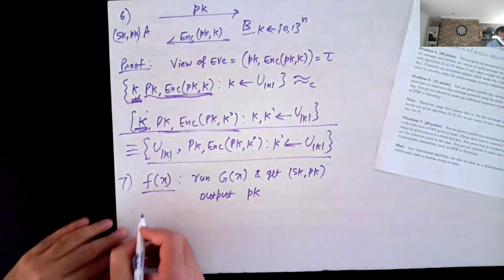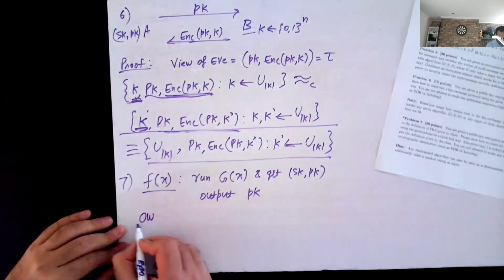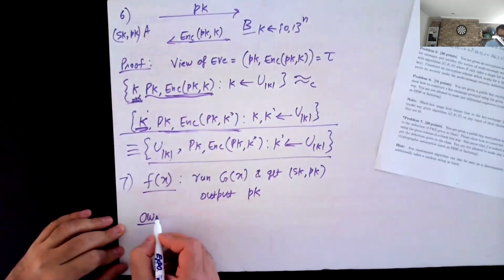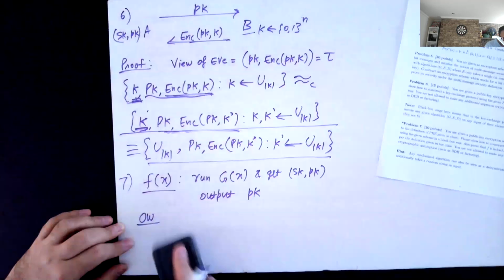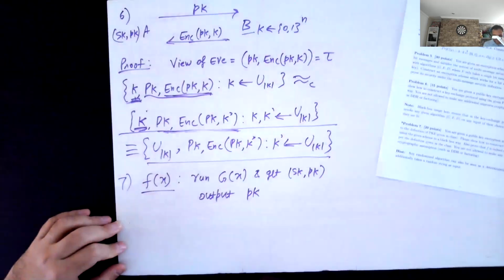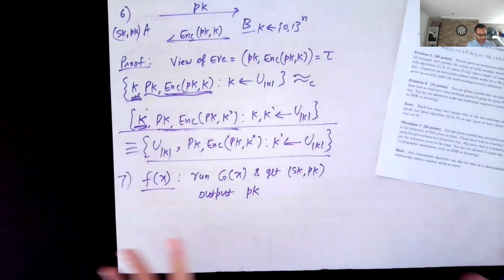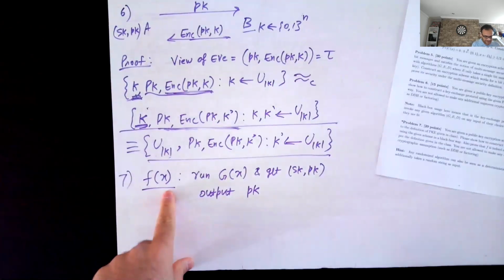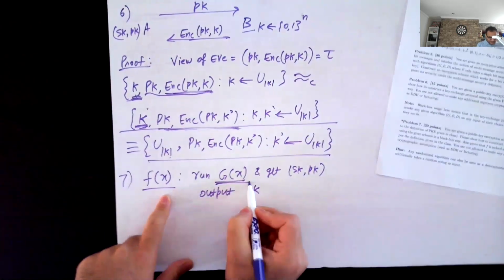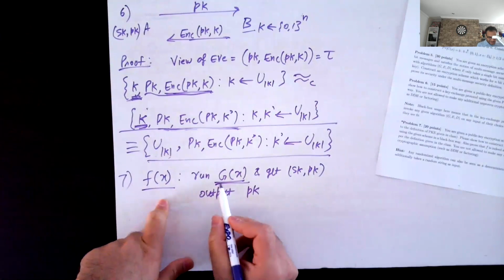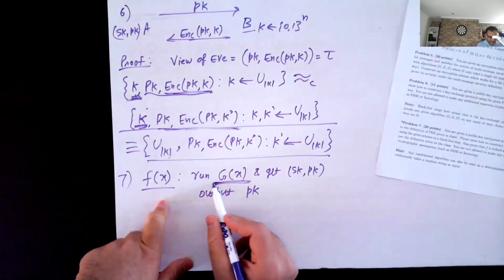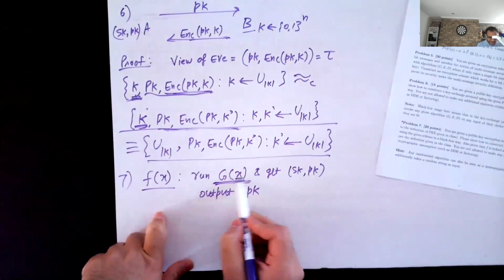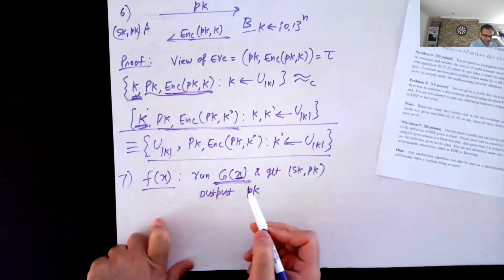Why is this one way? So first of all, let's just verify that this is indeed deterministic. It is, right? So you're running, let me clarify, this is not key generation with x as the security parameter.